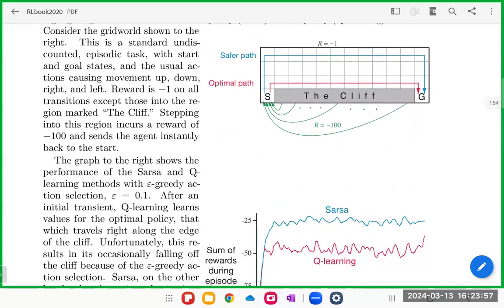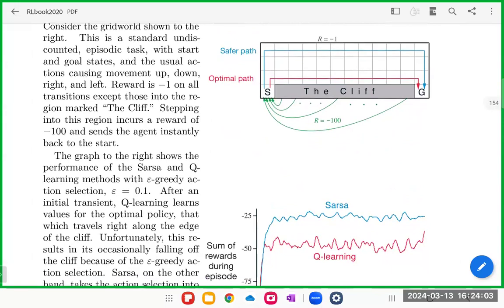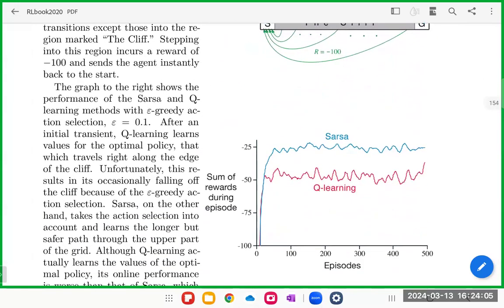So, as you might have read in the assignment, here we are comparing the performance of SARSA and Q learning, where the plot here is trying to tell, as a function of number of episodes, how much reward are you getting, right?